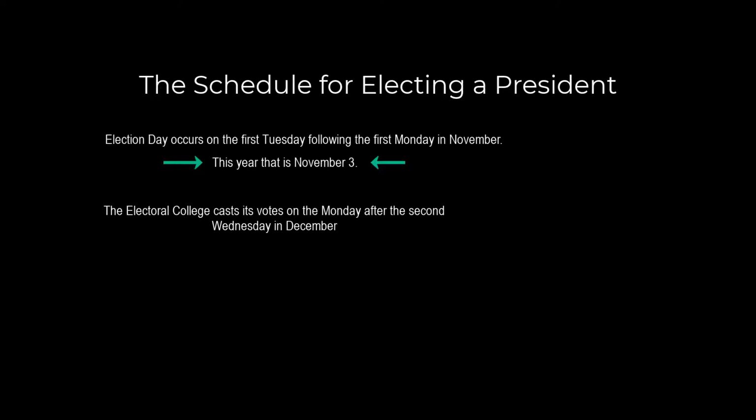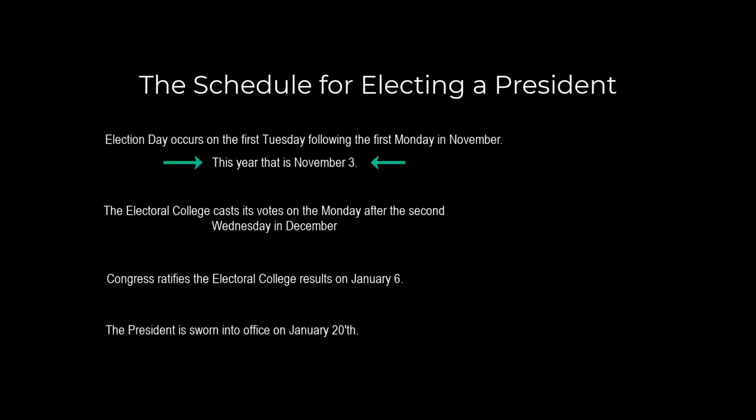At that meeting, the electors cast their votes for who will be the next president. A joint session of Congress then meets on January 6th to ratify the results of the Electoral College voting. The new president is then sworn into office on January 20th, which is when the new president officially begins his or her term.